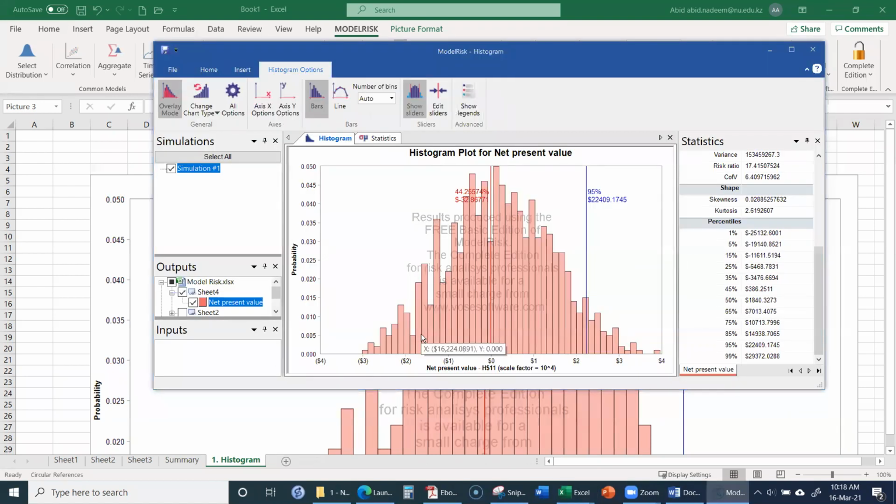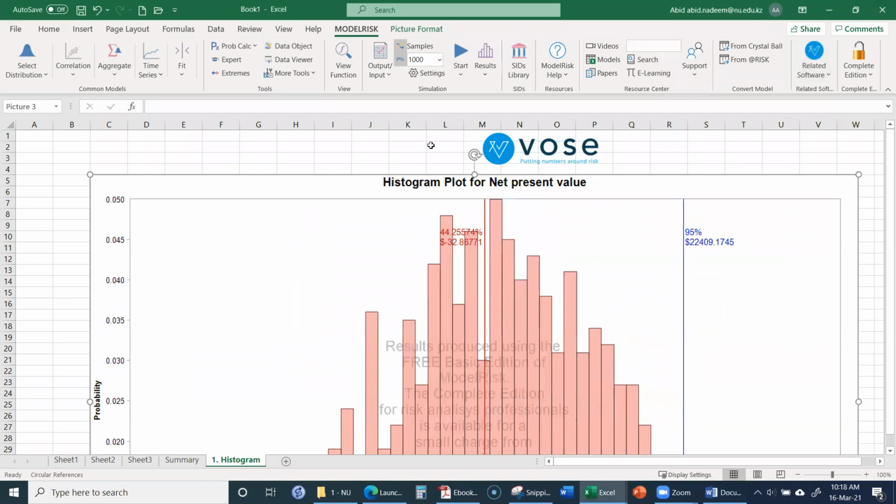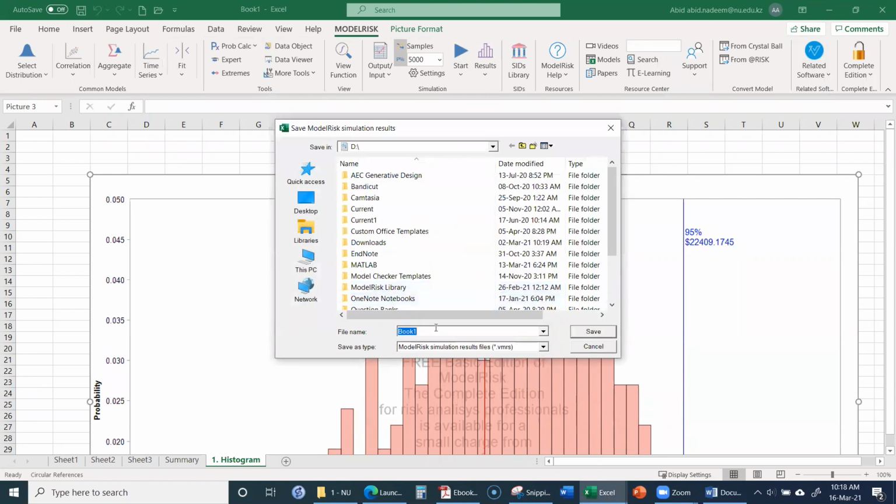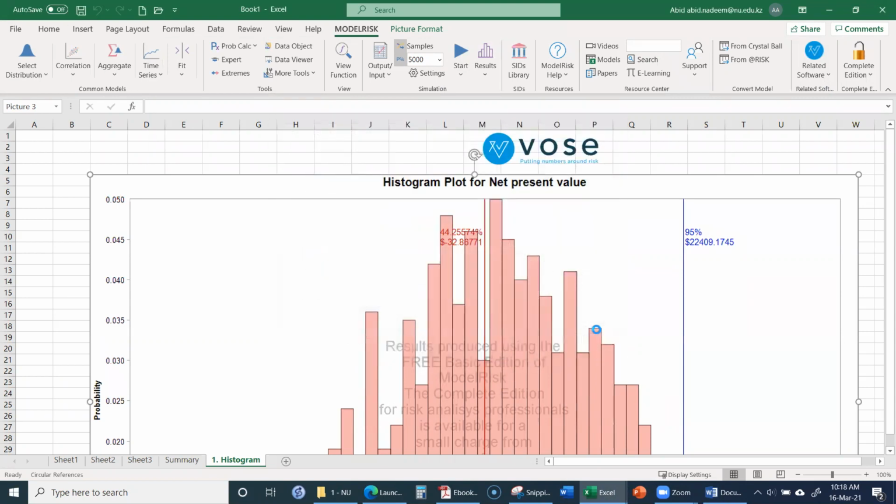It will be saved, and then you can recall it later on. Or you can try it also with a larger number of samples. If you want to save the current simulation results for the workbook, you can click that. Simulation 1, save.